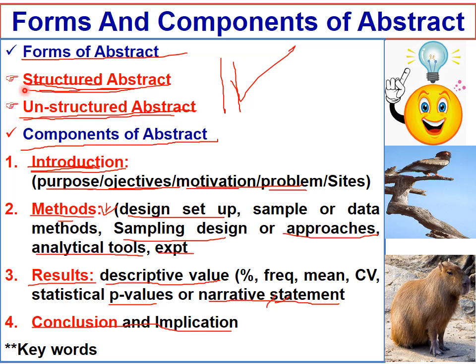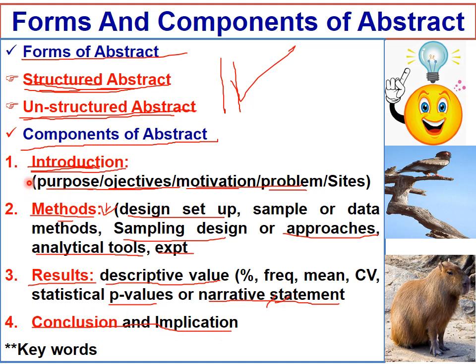unstructured abstract. When we speak of the structured abstract, this is the type of abstract, an informative abstract, in which there are headings. These headings are observed. The heading first, then followed by some description, then you go to method followed by description, result followed by description, conclusion followed by description.